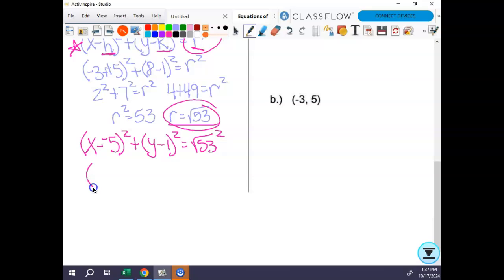So when I simplify that up, I should have x plus 5 squared plus y minus 1 squared. What is the square root of 53 squared? 53. Okay, and we're done. Okay?